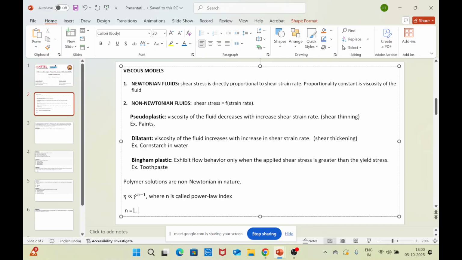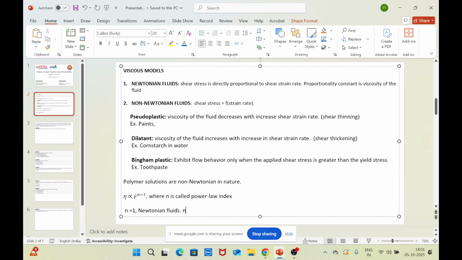In which type of fluids does this happen, where viscosity is not going to vary? Newtonian fluids. Only there is the viscosity a constant.